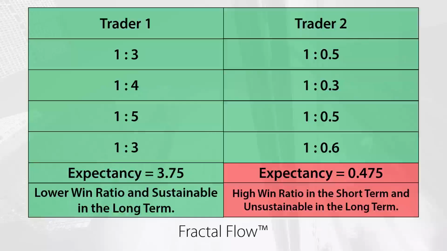If we take the average of both tables, we can see that Table 1 has an expectancy greater than 1, and Table 2 has an expectancy lower than 1. All this means that the trader using strategy number 1 can expect to win more in the long term. Meanwhile, the trader using strategy number 2 can expect to make less than what he is risking in the long term. In other words, he can expect to lose money in the long term.